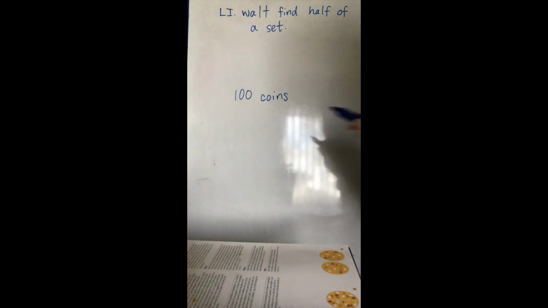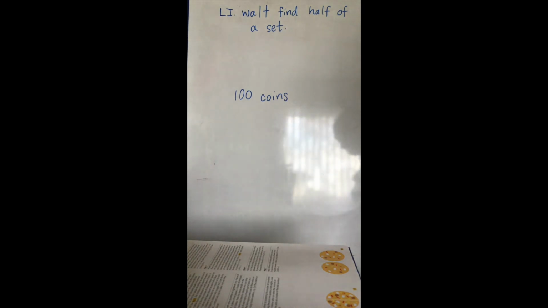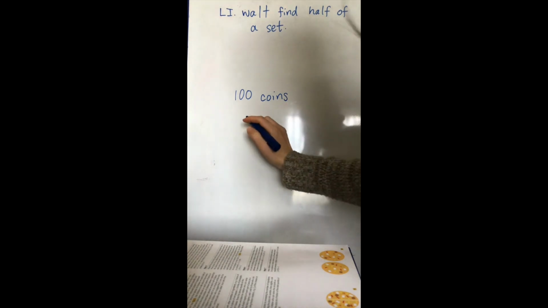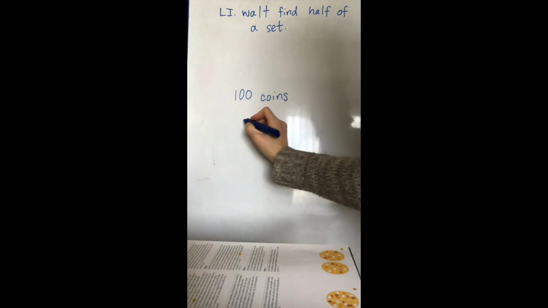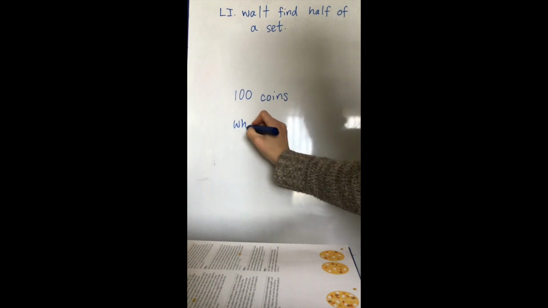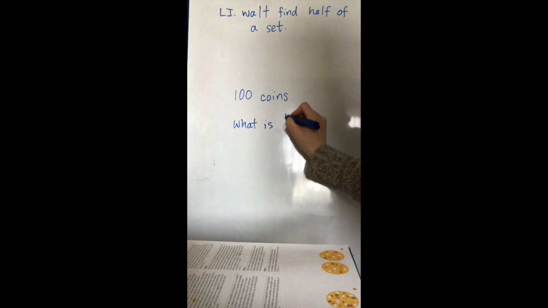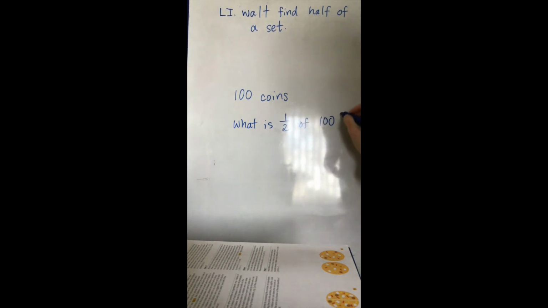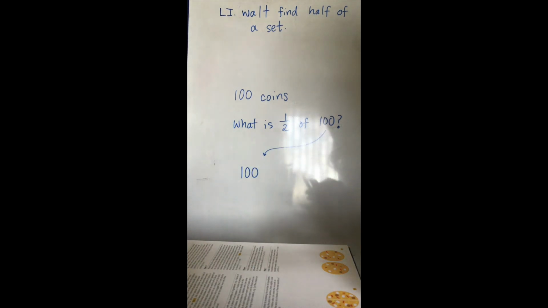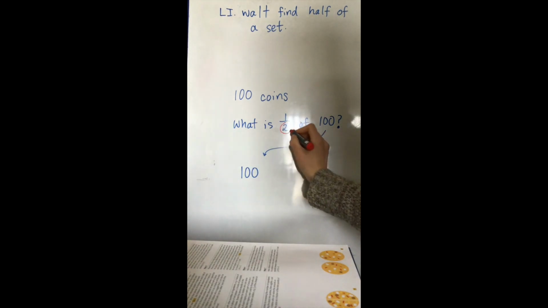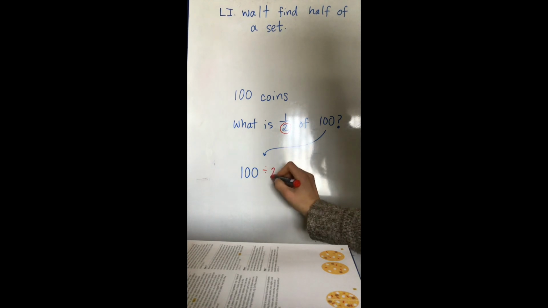Okay, I'm not going to draw 100 bits of coin, but let's pretend that the pirates found 100 coins at some point on their journey. And we wanted to find, what is 1/2 of 100? We know that in order to find a half, we take our set, which is 100, and we divide it by our denominator.